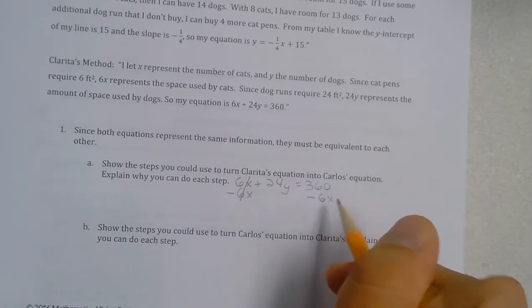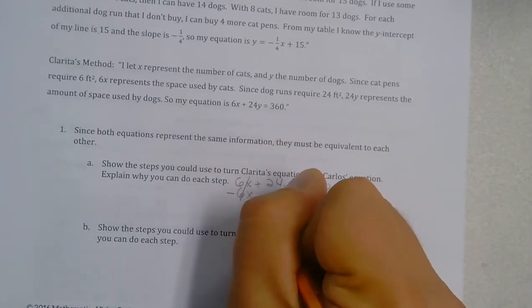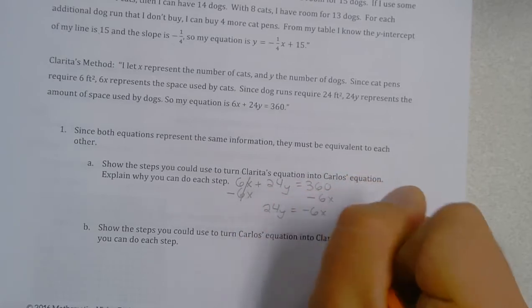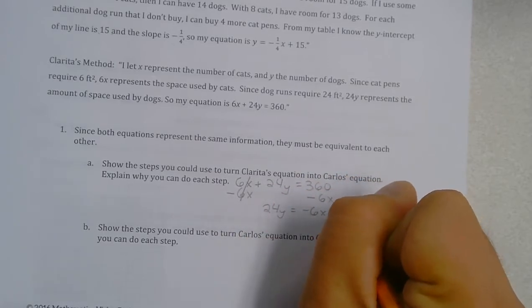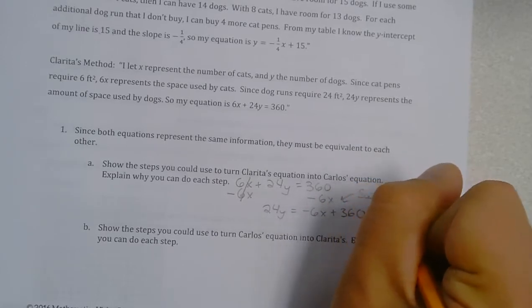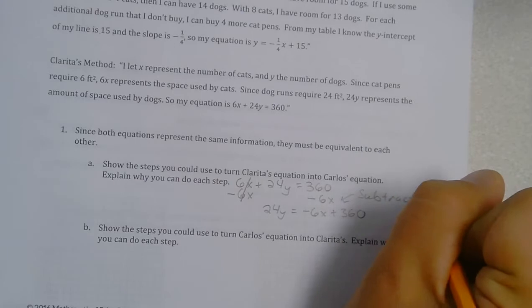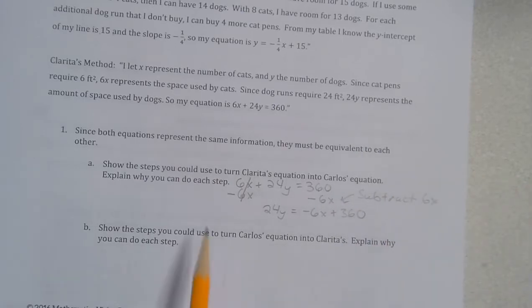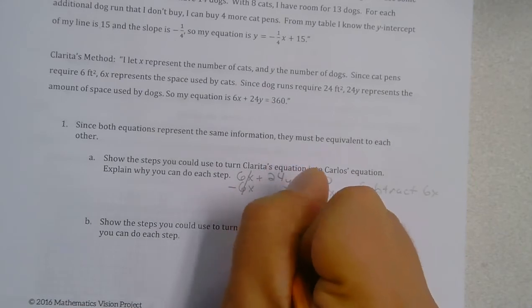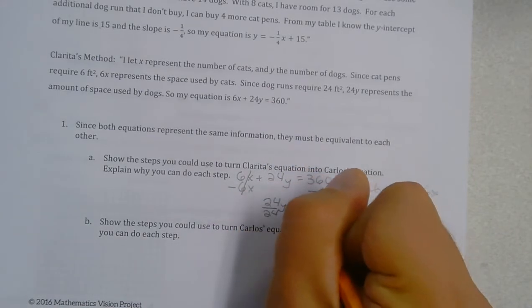And then these are not like terms. So this would become 24y equals -6x plus 360. And then from there, we have 24 times y, so divide both sides by 24.